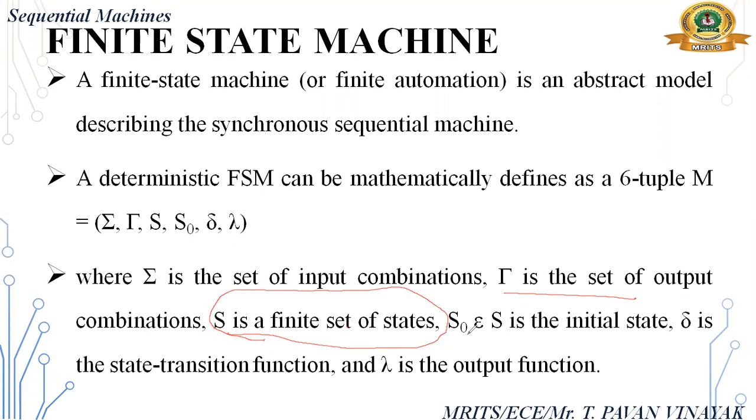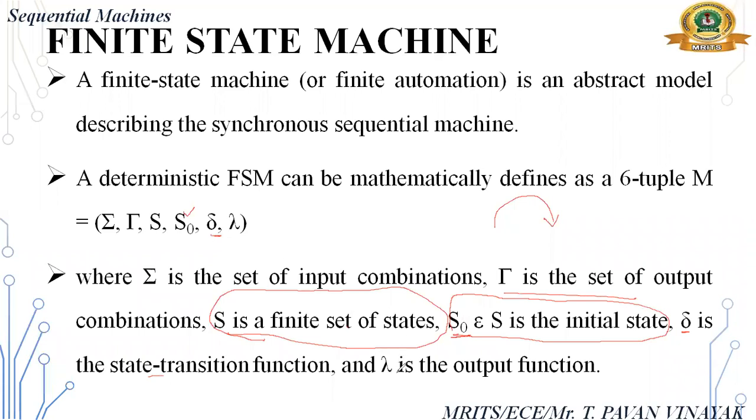S naught indicates the initial state. Delta is state transition, meaning you are moving from one state to another state, and that transition is denoted as delta.